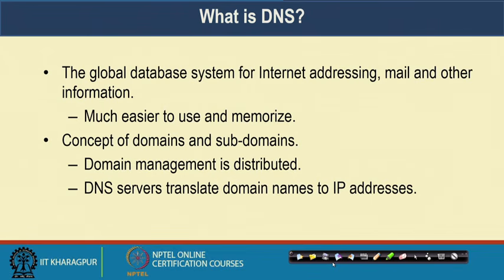If you want to open IITKGP, www.iitkgp.ac.in, and instead I say you remember the IP address of IITKGP, 203.16 and so on, it is very tedious to remember. So, in other words, can I have some naming convention, some names which in turn can be resolved to IP?